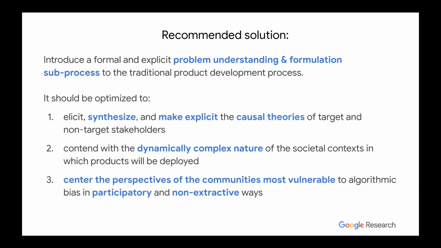This new process has to be able to contend with the system dynamics of societal context. And then finally, it must center the perspectives of the communities that are the most vulnerable to the sorts of biases we want to mitigate. And it's got to do that in participatory ways and not extractive ways, meaning we don't want to get into this mode where we are just mining knowledge from communities so we can build better products. There's got to be mutual benefit.